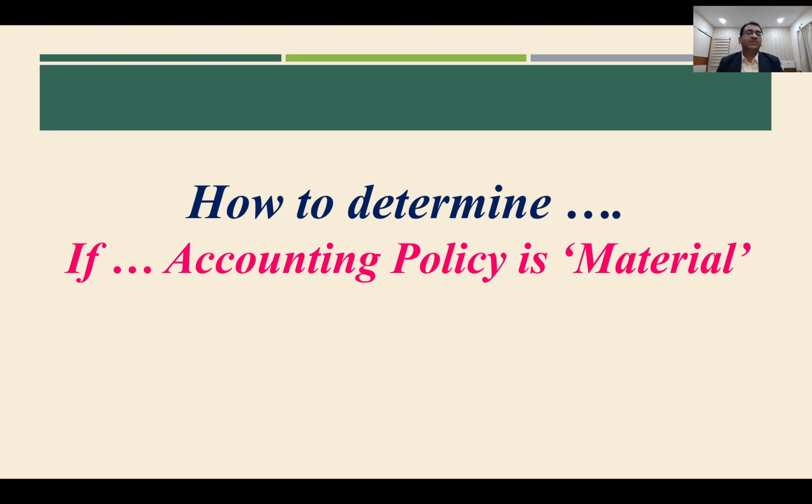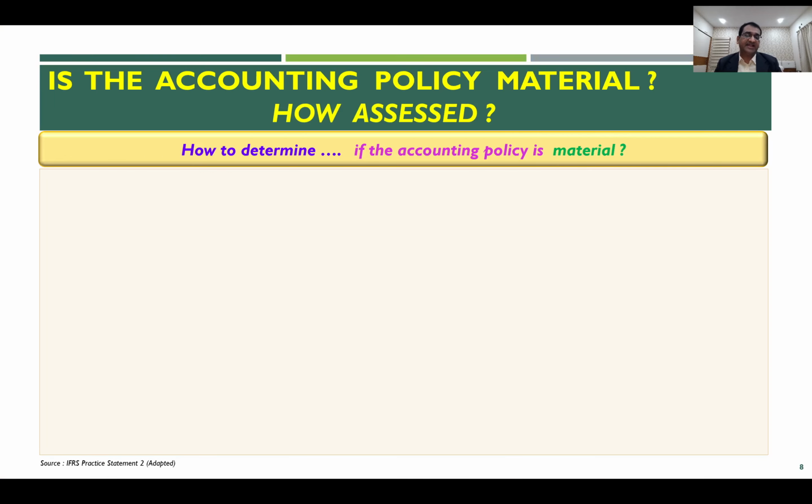Now, the million-dollar question is how to determine if the accounting policy is material. We have seen how material has been defined in the standard. But how do you actually apply that definition and determine if a particular accounting policy is material in your specific fact pattern? This is something which we will look at in this slide.